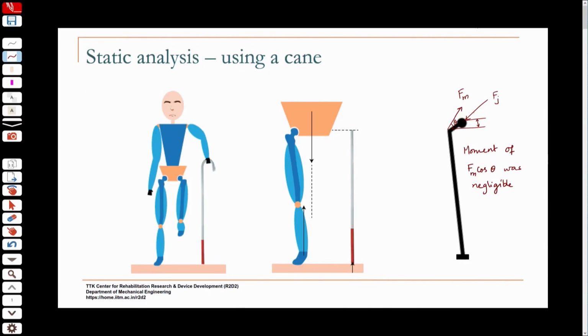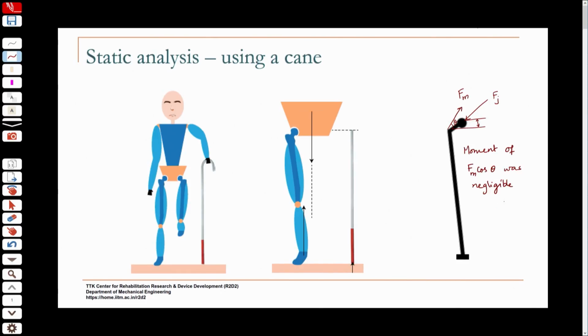It assumes that Fm almost passes through the joint. So, instead of having this extreme inclination, it is as if Fm cos theta does not cause a moment about the joint. So, the answers that I gave you would be valid for this.